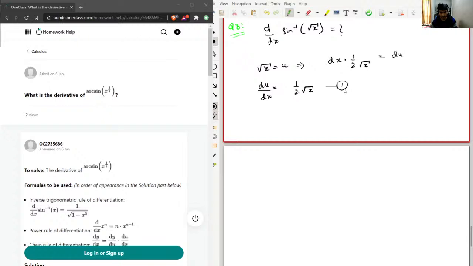We'll use this, and I know that the derivative of, let's say, sine inverse of t is 1 over square root of 1 minus t square.